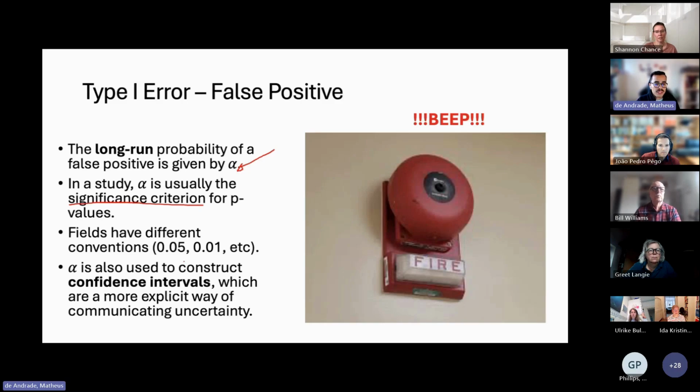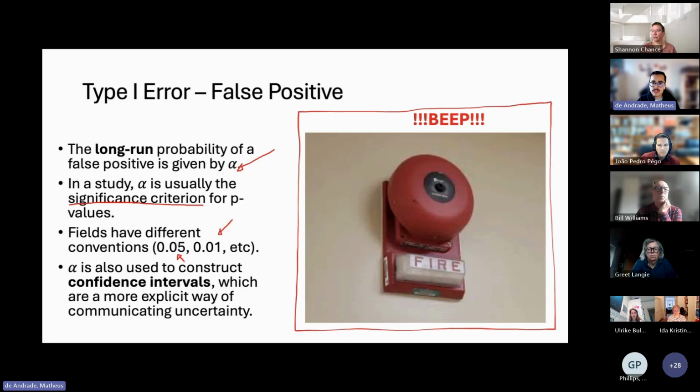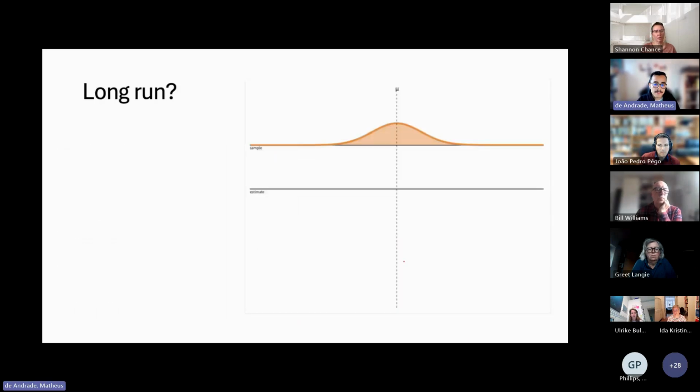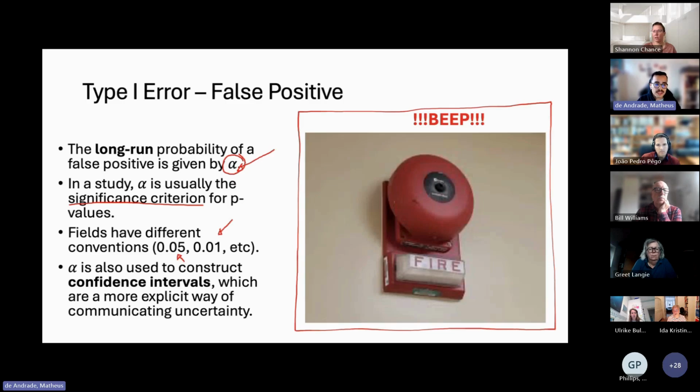Alpha can be 0.05, which is some sort of standard, 0.01. This is really field dependent. There is no specific field with unity in it. But the rate at which, in the long run, our fire alarm goes off when there's no fire really represents the alpha that you're reporting in your study and that you're using for design.